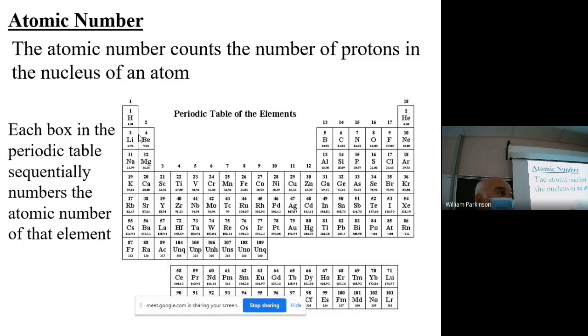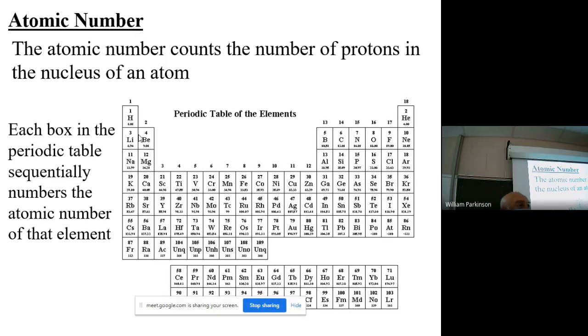Okay, now here is the important thing that I want you to recognize, and actually I want you to know this. Each box in the table represents a different element, and what makes each element different from each other is the number of protons in its nucleus.